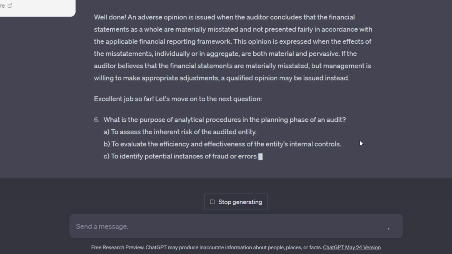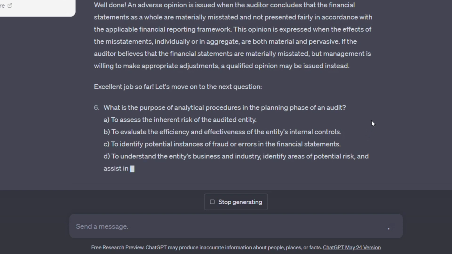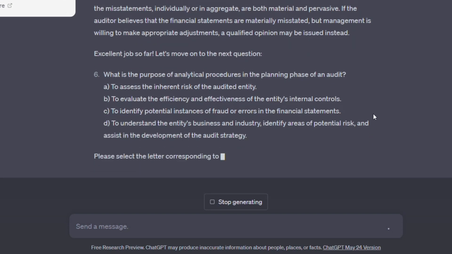To assess the inherent risk of the audited entity, or to evaluate the efficiency and effectiveness of the entities. This is part of test of controls, and analytical procedures normally is not involved in the test of controls phase. To identify potential instances of fraud or errors in the financial statements. To understand the entity's business and identify areas of potential risk and assist in the development. This is more like it.